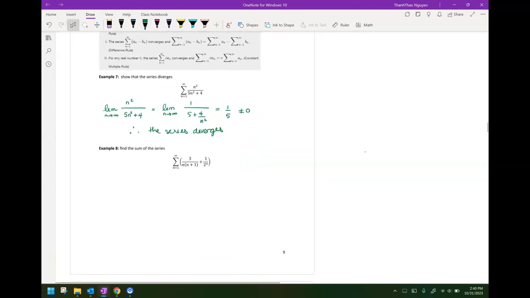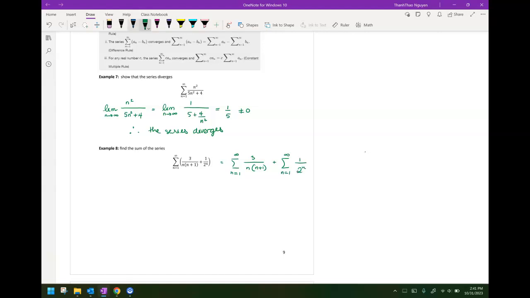In the next case, let's find the sum of this series. So here we have two series together. I can rewrite this as the sum from n equals 1 to infinity of 3 divided by n times n plus 1, plus the sum from n equals 1 to infinity of 1 over 2 to the n.